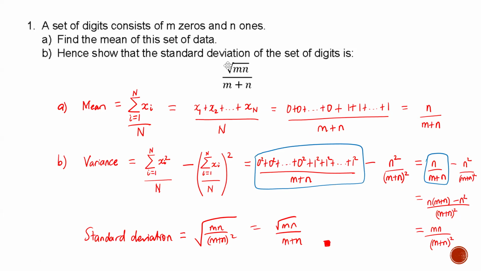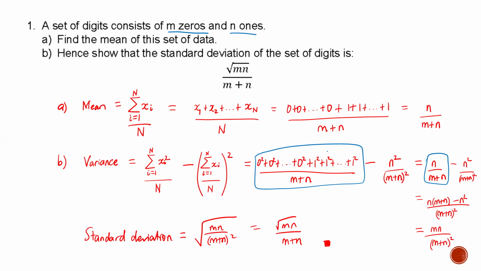The question tells us there are m zeros and n ones. Now, each of those terms I've decided to square because that's what we do when we're calculating the variance. You get xi squared. So each of those terms, you square them. Now, when you square the zeros, remember they're m zeros, their sum is not going to give us anything because 0 squared is 0 and 0 plus 0 is 0.